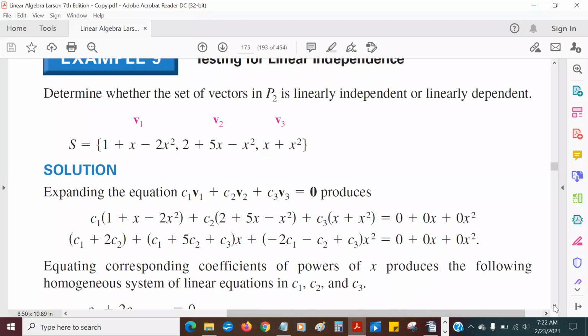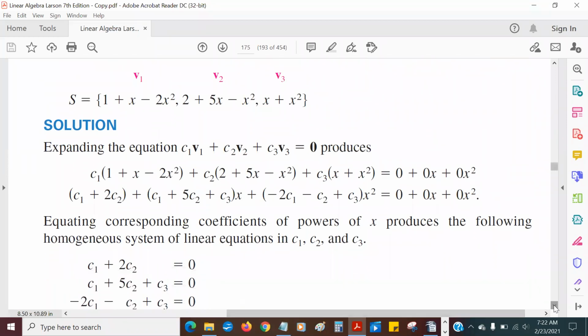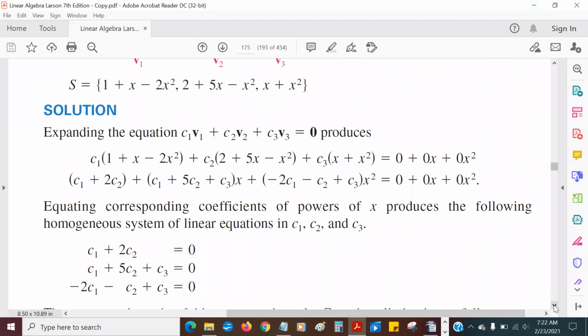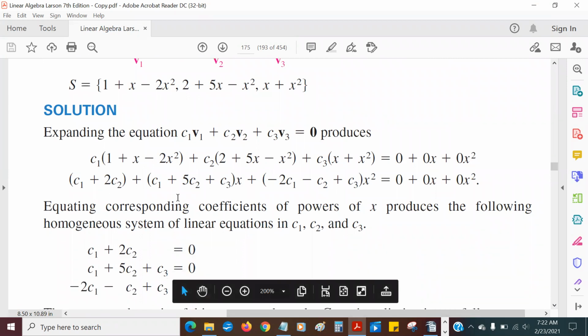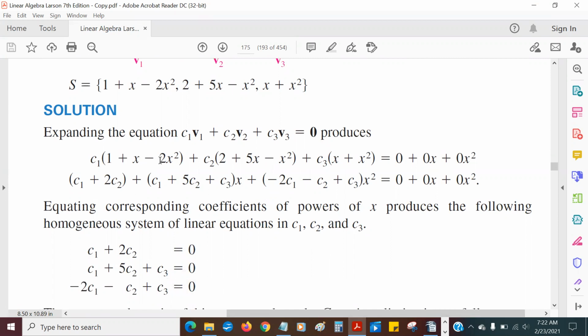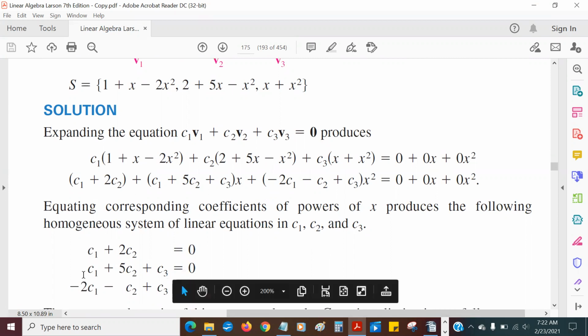So we have this system of equations because we're setting each thing equal to zero. By the way, notice that I have here 1, 1, -2, and that's 1, 1, -2. And in the second polynomial, I have 2, 5, -1, 2, 5, -1.